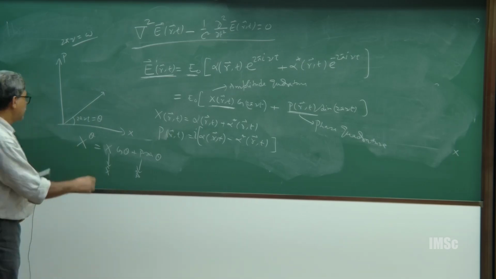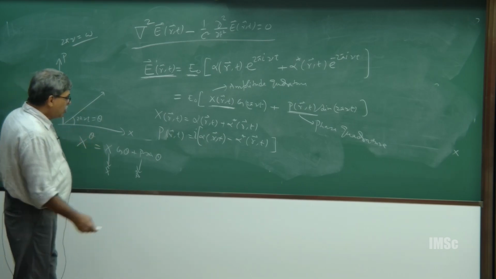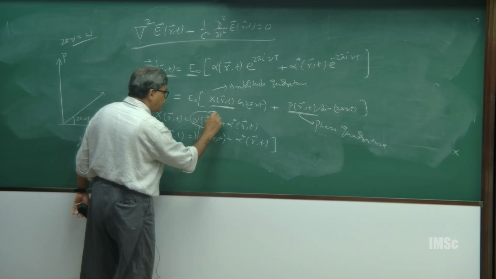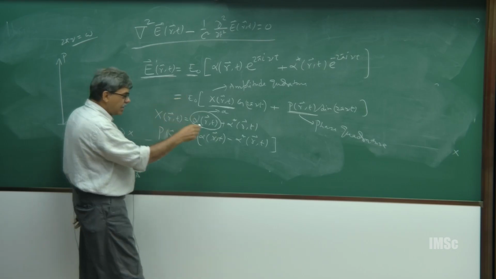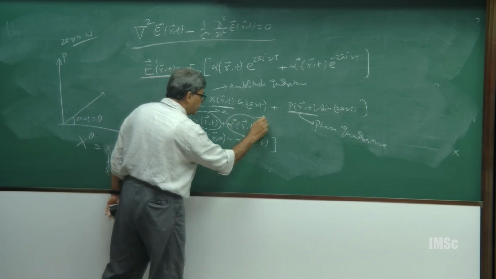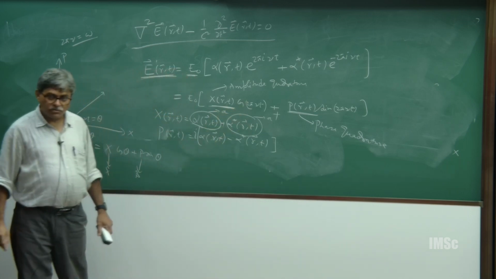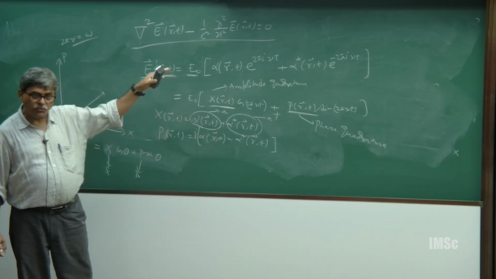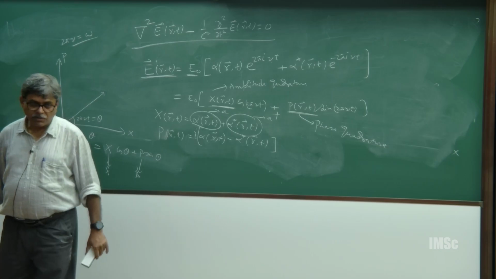And this corresponds to your A, the annihilation operator, and this corresponds to A dagger when you quantize it. These are the field amplitudes. When you go to the quantum version, these are the annihilation and creation operators.